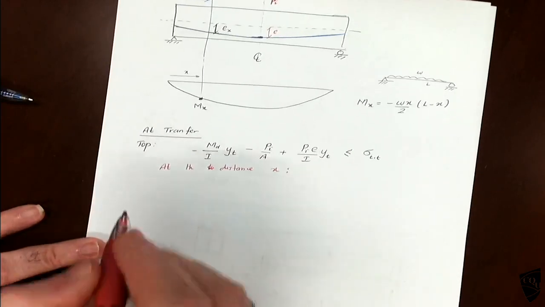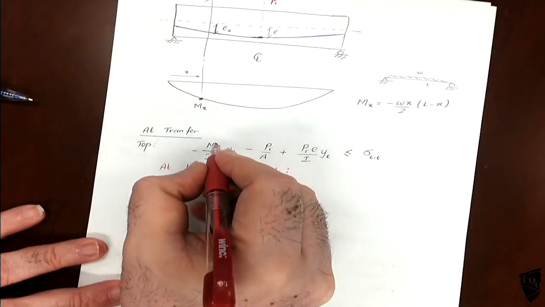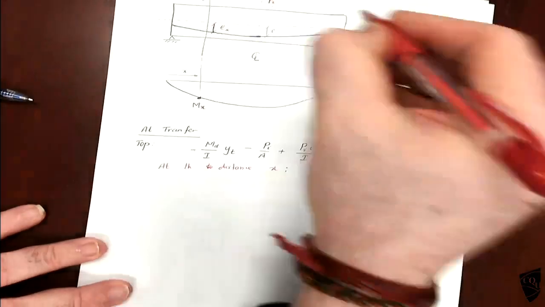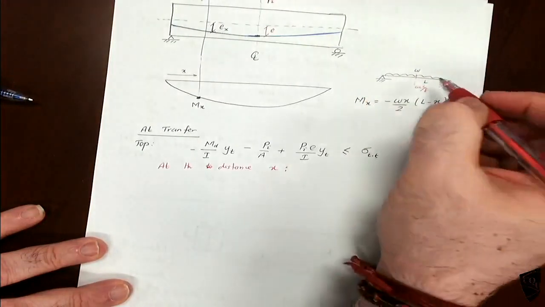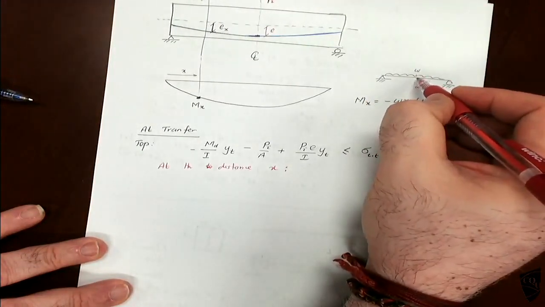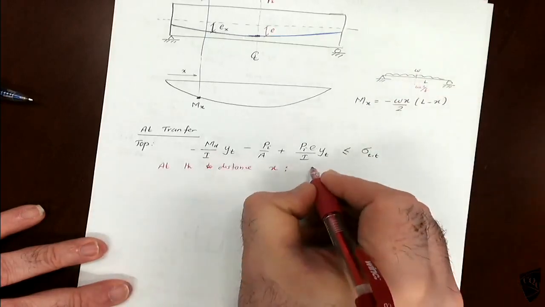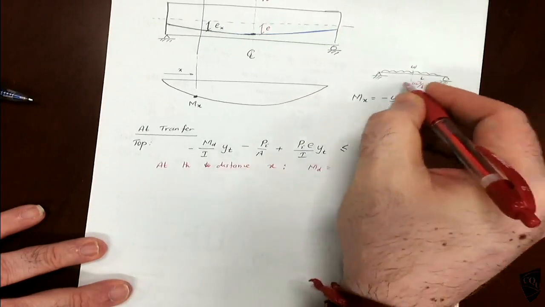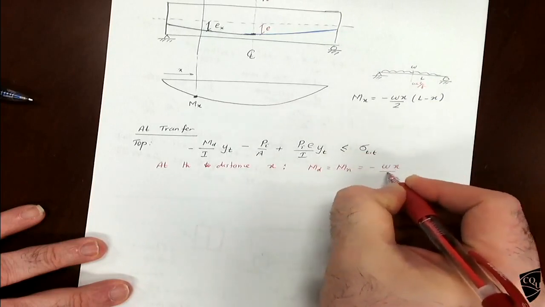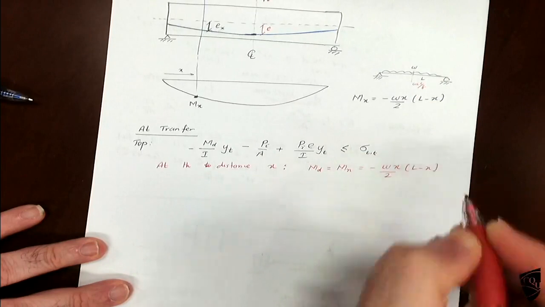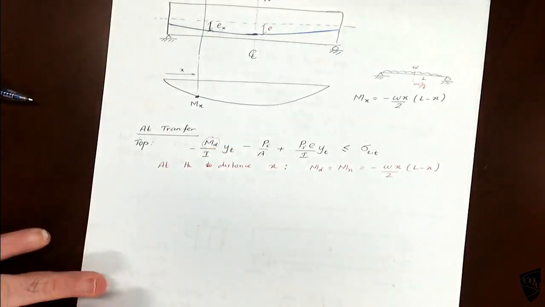What is the MD value? Earlier at midspan we used WL squared by 8 for the maximum. But here at distance x, we should put Mx, so MD as a function of x.